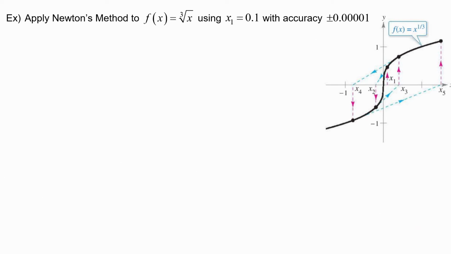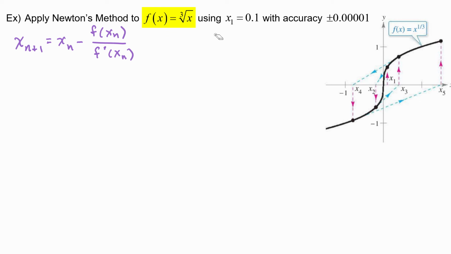In this example, we have to apply Newton's method to f of x is the cube root of x using x1 is equal to 0.1 with an accuracy of plus or minus 0.00001. We know that xn plus 1 is going to equal xn minus f of xn over f prime of xn.